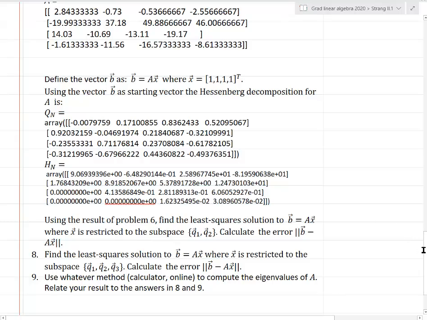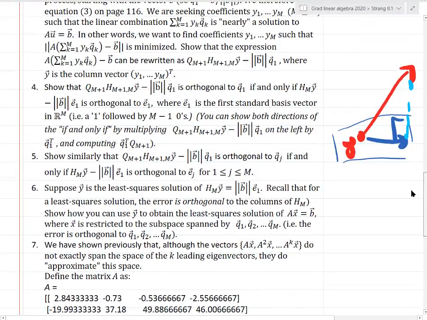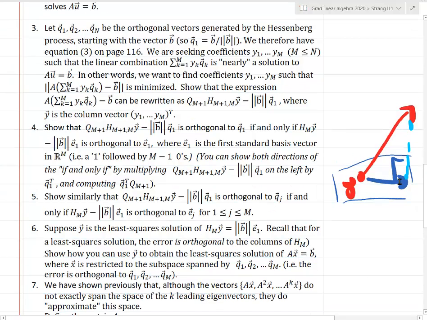Problem 6 gives you a relationship between this least square solution and this least square solution.